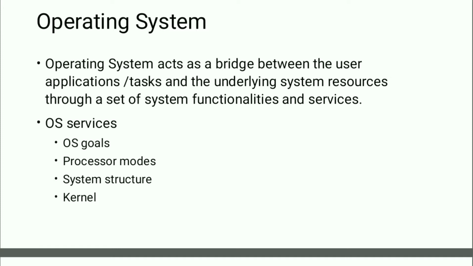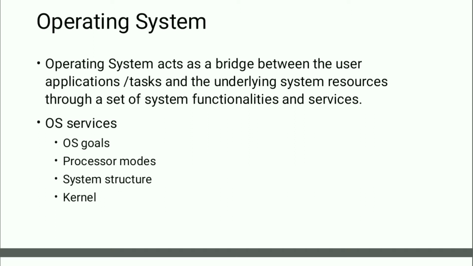And it offers certain services which we have already said, that is memory management, process management, file system management, input output management. Everything is offered by the kernel. And next we have the application programming interface, API, through which the user applications interact with the OS.